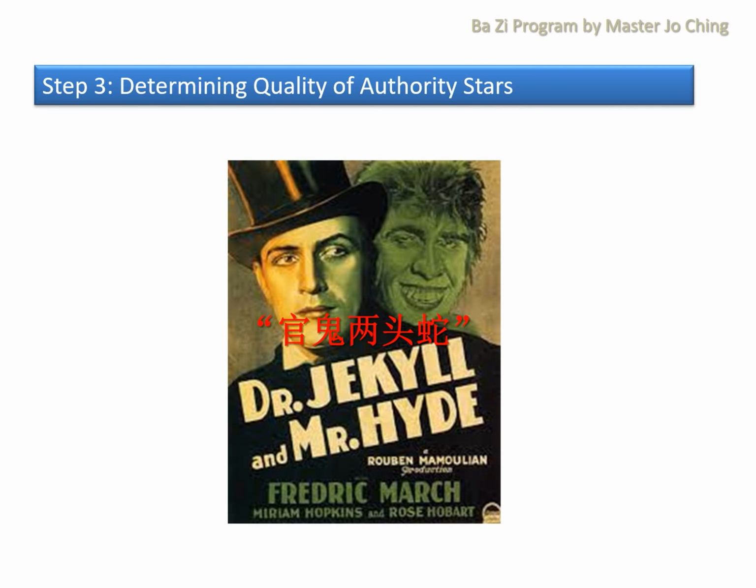I don't think any books would have written more about this concept. In Chinese we say 官鬼两头蛇, meaning authority star is a double-headed snake. In your chart, sometimes it is a positive element, sometimes it's a negative element. And of course, we have a formula to determine whether the officer or the 7 killing star in your chart is positive or negative.